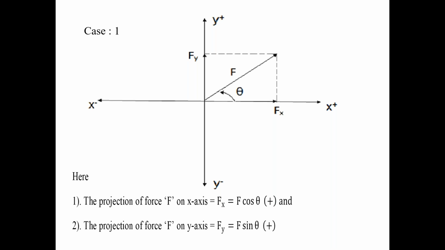Then depending on the direction of force F, sometimes the direction of Fx is towards the positive x-axis. Then take that Fx projection as a positive projection. Similarly, if the projection Fy direction is towards the positive y-axis, then take that projection Fy as a positive projection.